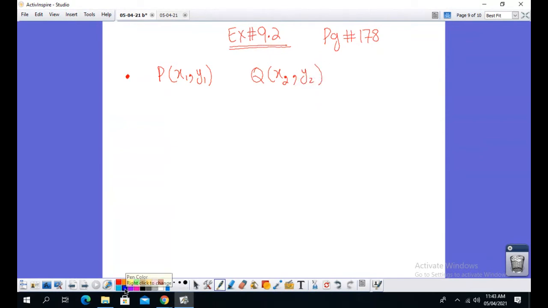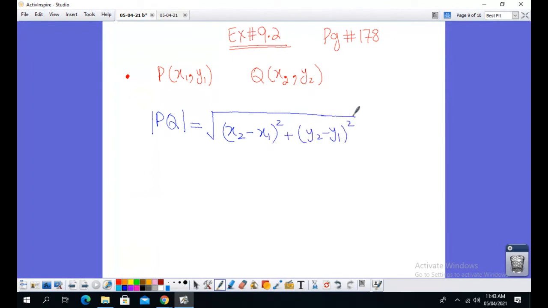The formula for the distance between these 2 points P and Q: the magnitude PQ means the distance between P and Q, which is equal to the square root of x2 minus x1 whole square plus y2 minus y1 whole square. This is the formula for the distance between the 2 points.